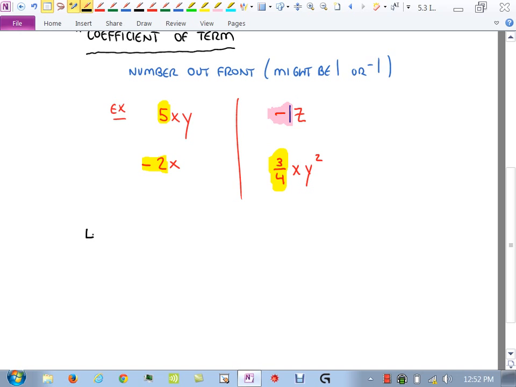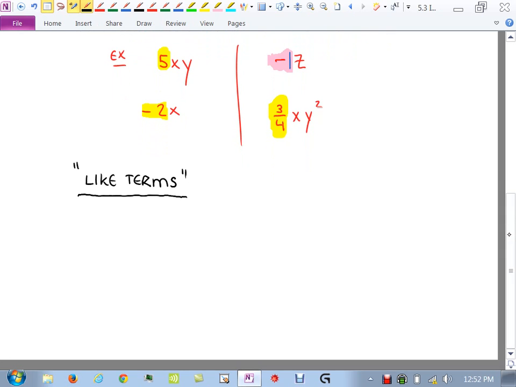Now we talk about what are called like terms. Like terms are terms that have some properties, some characteristics that are similar. Kind of like, anyone watch that dog thing that happens once a year?